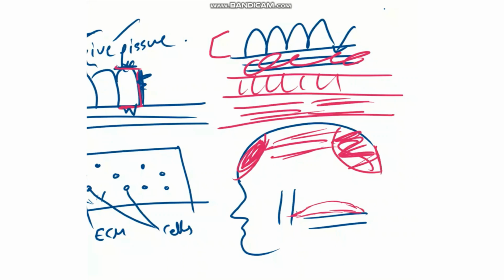And this attachment point right here is called a tendon, and this would be an example of another connective tissue because it's connecting the muscle to the bone. This one right here is connecting two muscles together. This one right here is connecting the epithelium to the muscular layer, and stuff like that. We will come across more examples as we go on with the lecture.